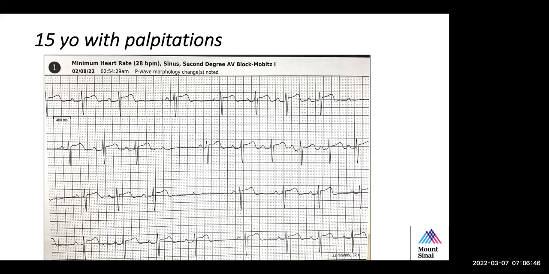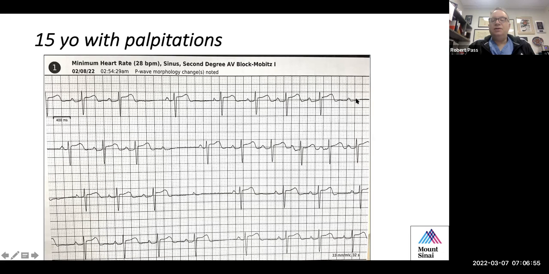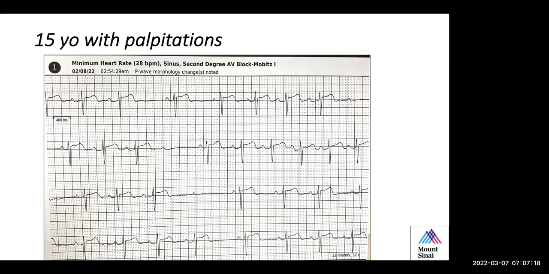So Mobitz I is usually at the level of the AV node, and Mobitz II is more commonly at the His-Purkinje system. It's not 100%. There are patients who have Mobitz I in the His-Purkinje system and Mobitz II in the node, but generally, on average, most of the time Mobitz I is considered an AV nodal issue, and Mobitz II at the level of the His-Purkinje.